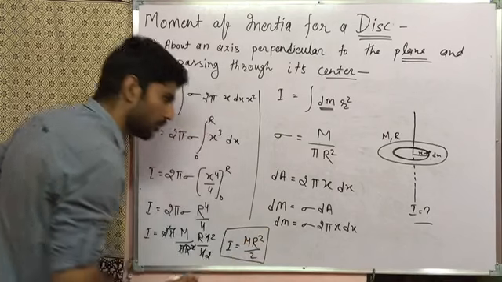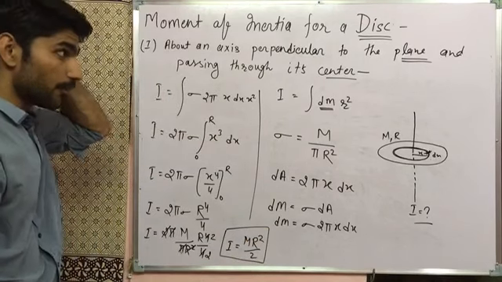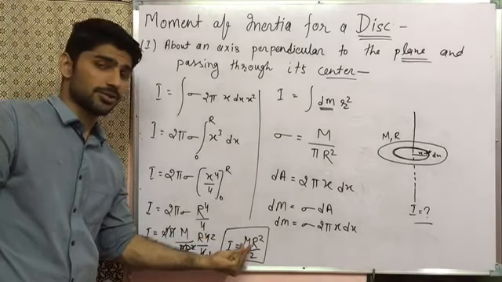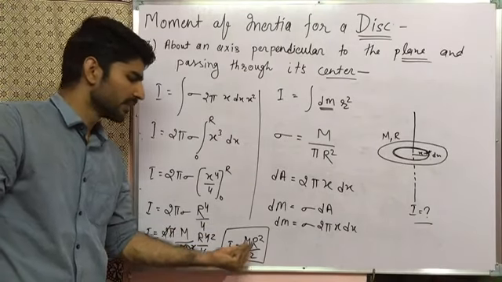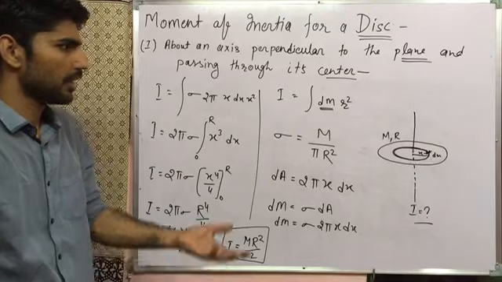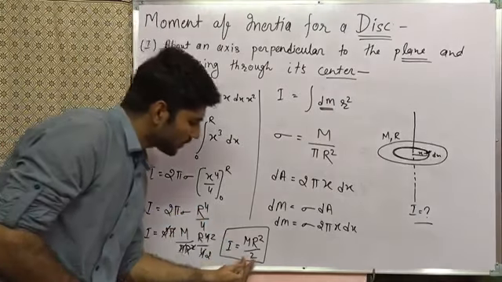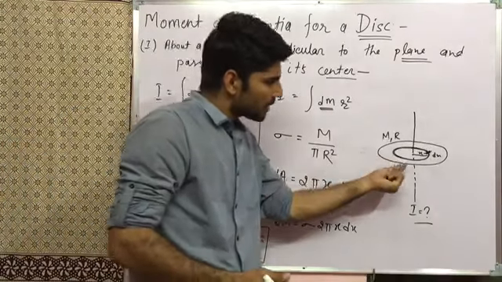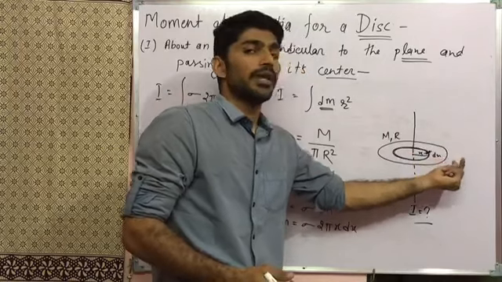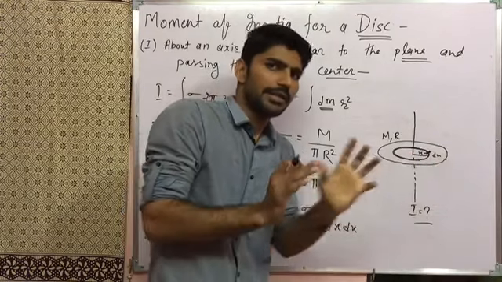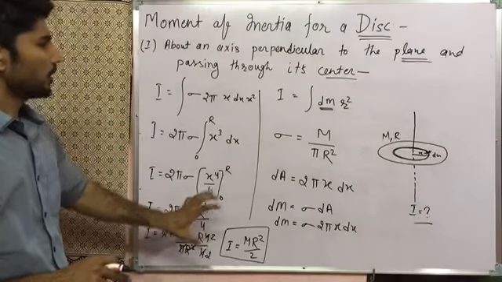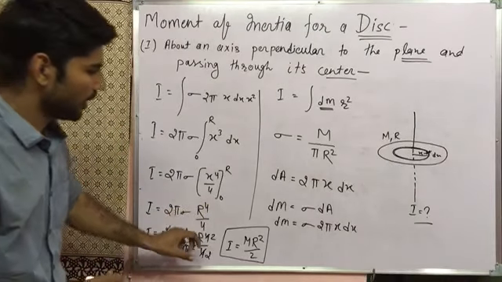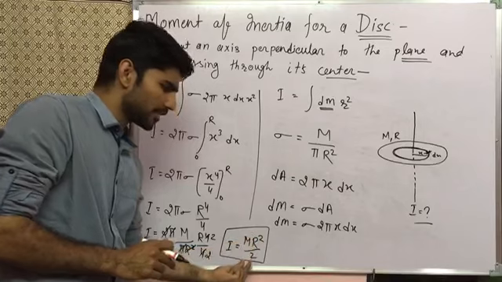Previously we determined the moment of inertia in the same case for a ring, that was MR square, but for the disk it is MR square by 2. It's just half of the moment of inertia for the ring, because this mass is distributed from the axis out to this distance, but in the ring the mass is distributed over the circumference only. So this is the first case in which we got I equals MR square by 2.